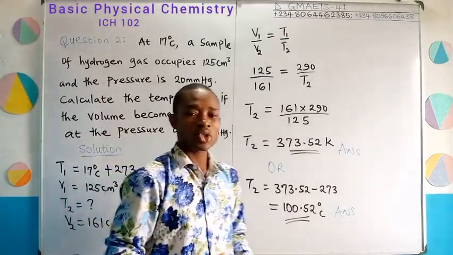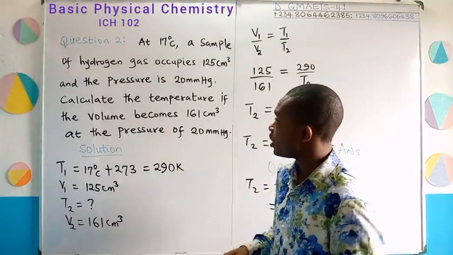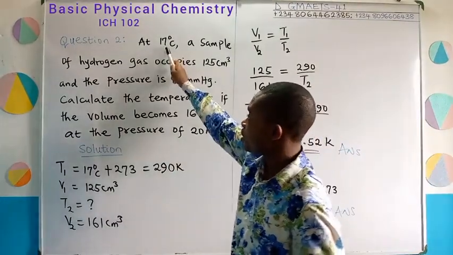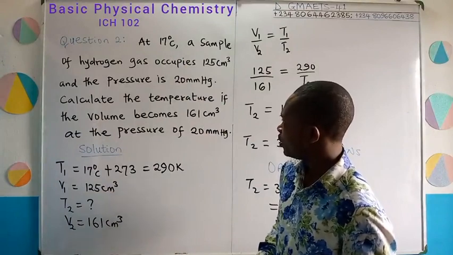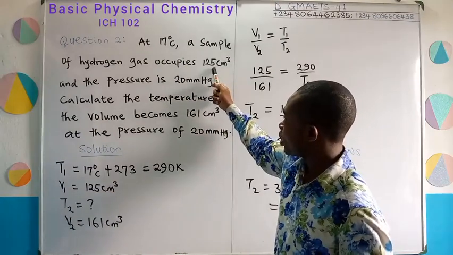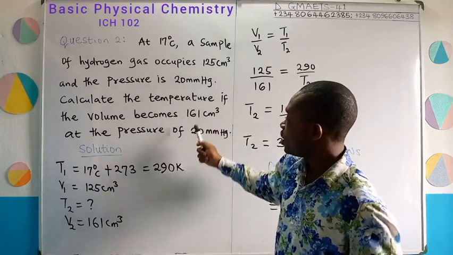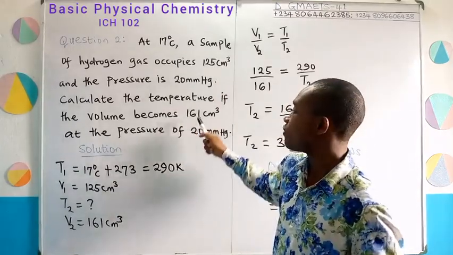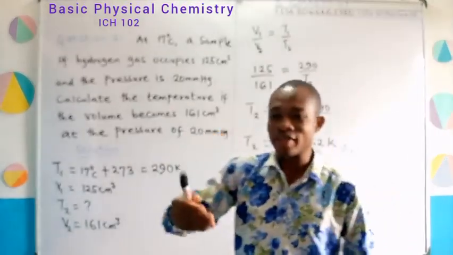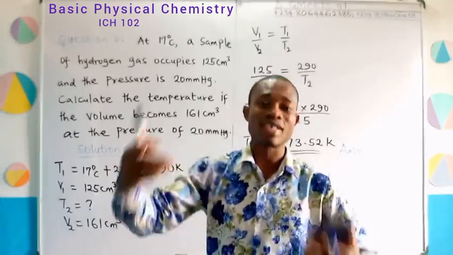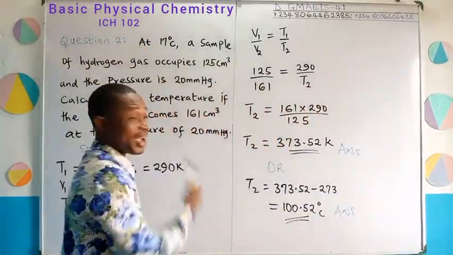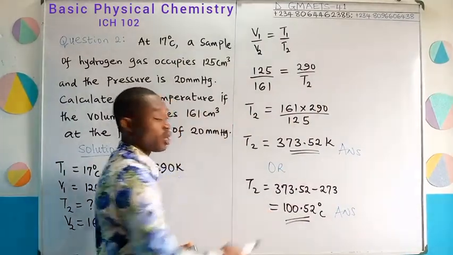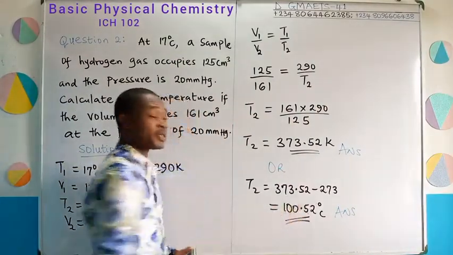Once again, can we actually prove Charles' law in this problem? Let's check. The initial temperature is 17 degrees Celsius, okay? And then the given volume there is 125 cm3. Now notice, the final volume increased because we have 161. So we expect that the final temperature will also do what? Increase from 17 degrees Celsius to a value that is higher than 17 degrees Celsius, which we got 100.52 degrees Celsius.